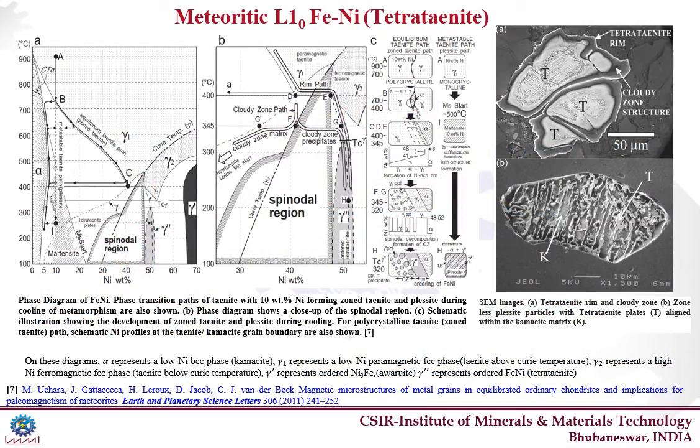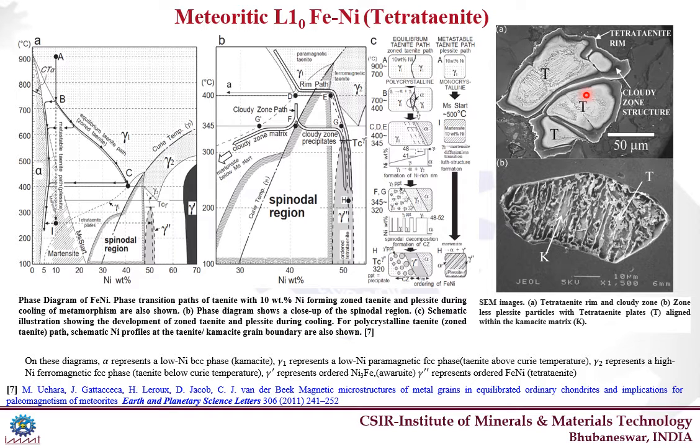In meteorites, L10 FeNi is known as tetrataenite and is commonly found in two different types. The first is called the equilibrium state, where the tetrataenite is formed at the grain boundaries of disordered FeNi grains due to diffusion of Ni at extremely slow rates through millions of years.